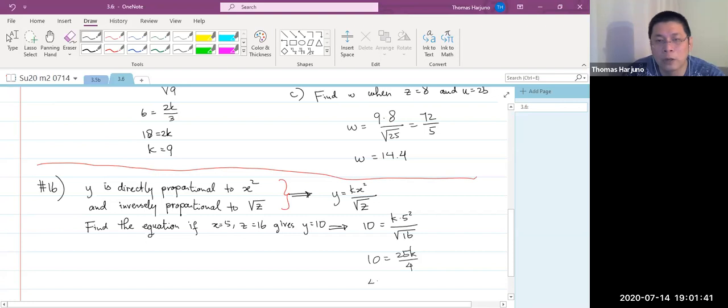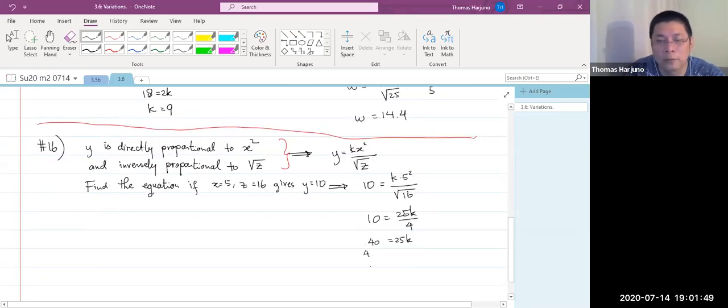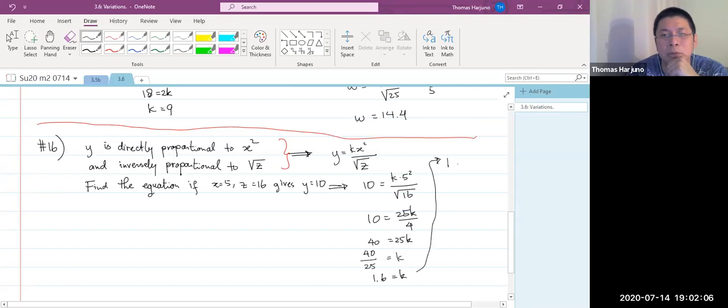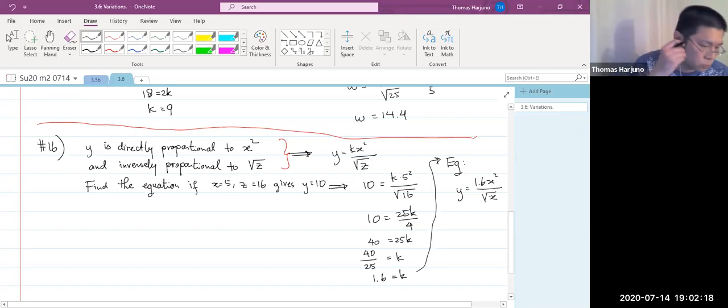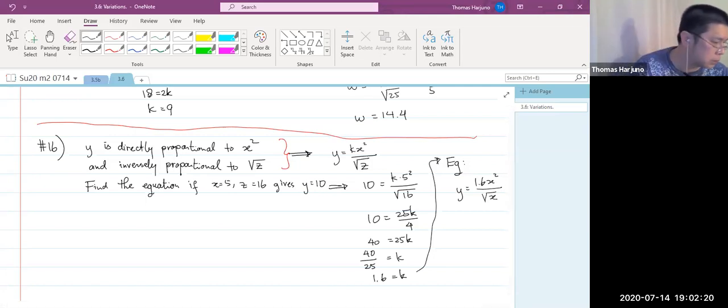So 40 equals 25k. 40 over 25 equals k. I think when you divide, you get 1.6. So the equation will be y equals 1.6x squared over the square root of c. Now that's for number 16.